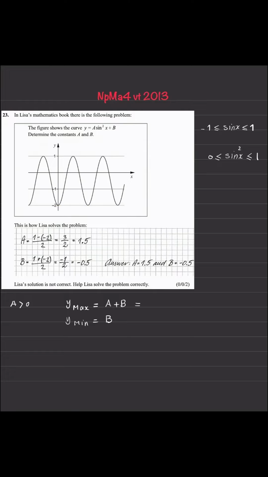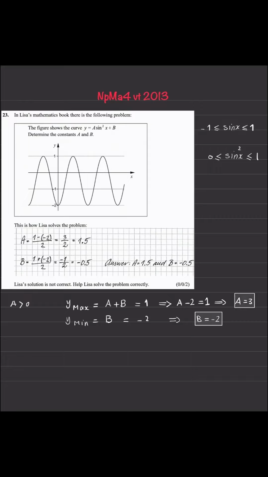On the other hand, by looking at the graph, I see that a plus b, which is y max, is supposed to be 1, and y min is minus 2. So this means that already b is found. b is minus 2, and if b is minus 2, I go to the first equation. Instead of b, I put minus 2, and a plus (minus 2) is supposed to be equal to 1. Then it means that a is equal to 3.